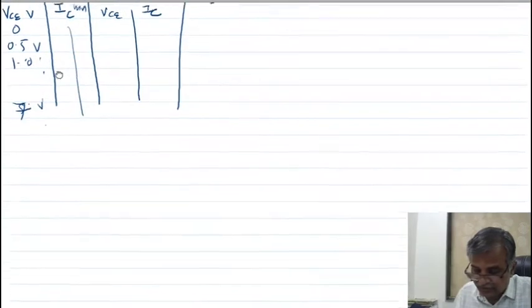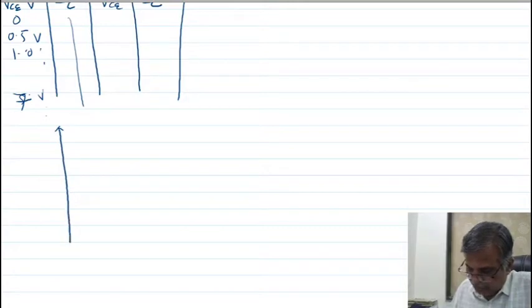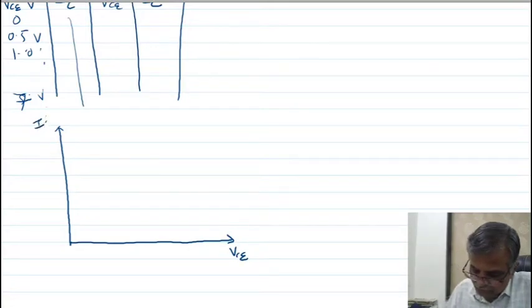I am plotting the graph of output collector current versus output collector emitter voltage. This is the graph.